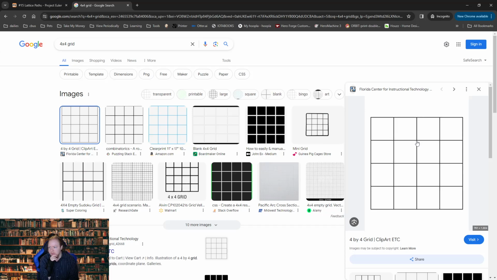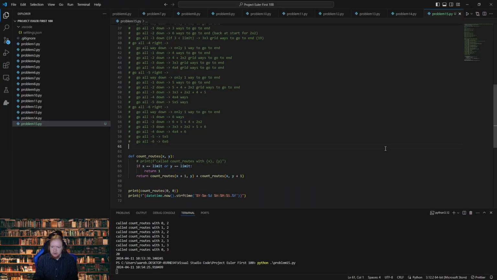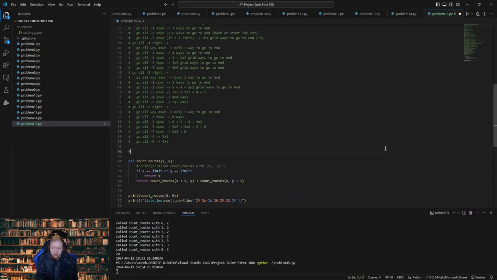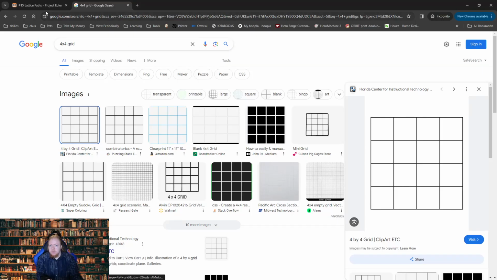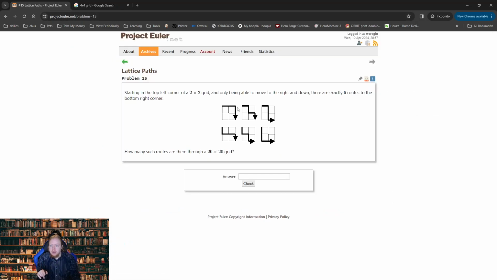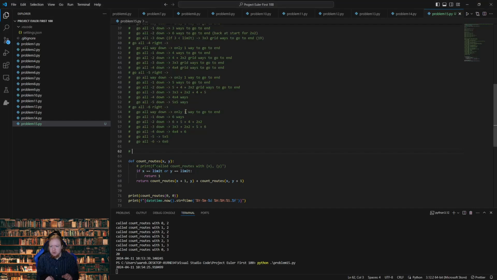So let's make some notes. And maybe I'm overthinking it again. We shall see. So for the 2x2, it's 1, 1, 2, 2, so it's 1 plus 2 plus 2 plus 1.